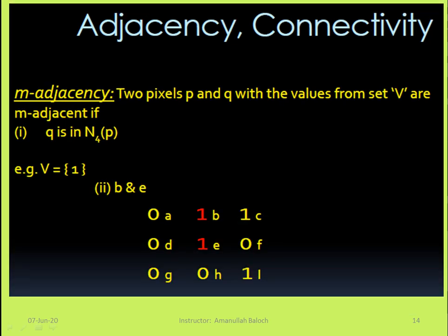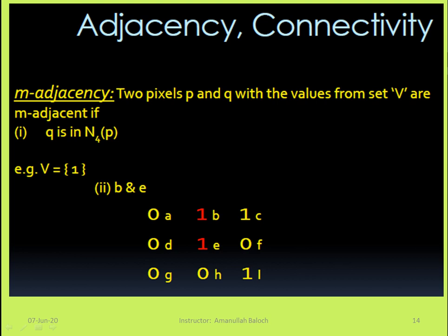Here we always check the first condition first. If the first condition is not satisfied, then we move towards the second condition and check that. Two pixels P and Q with the values from set B are M adjacent if Q is N4 of P, that is, this is P and this is Q, or this is P and this will be Q. One is P and the second is Q.